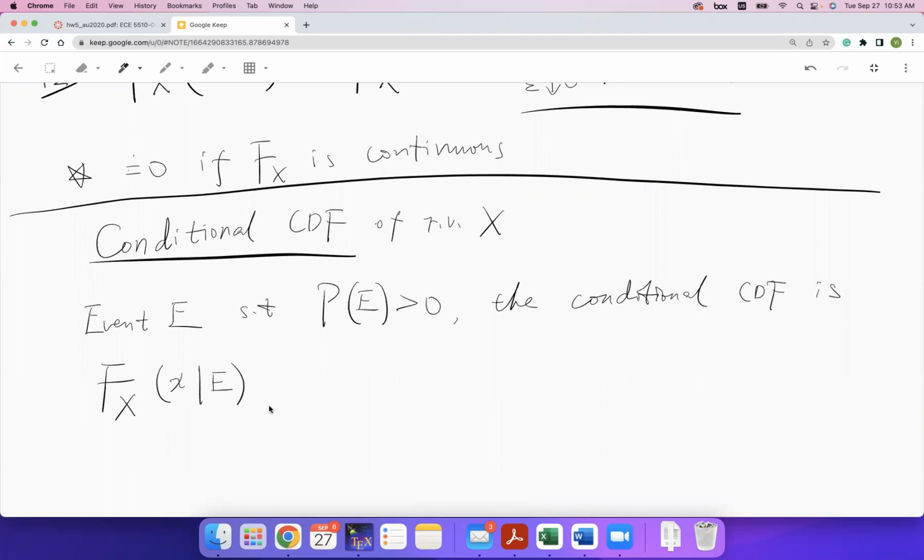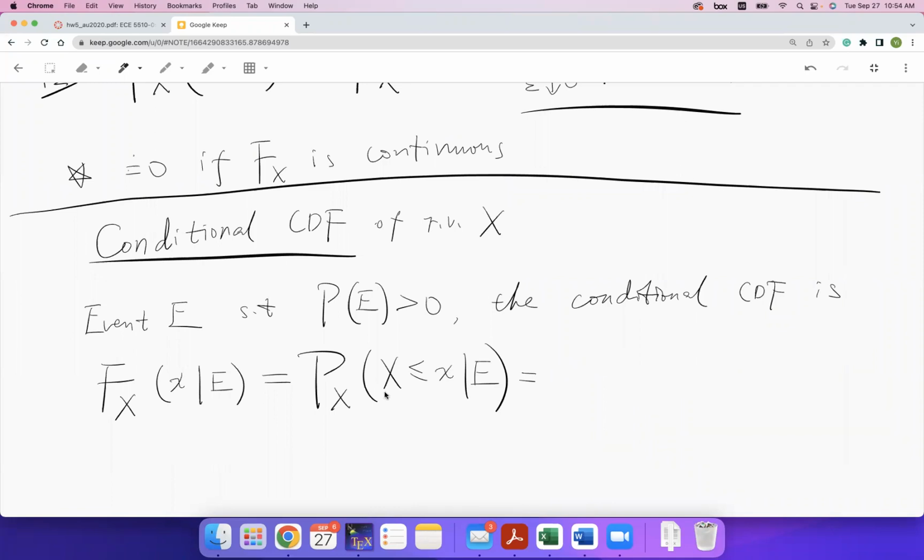Okay. Now this precisely corresponds to the following probability. It's the probability that the random variable is less than or equal to x, given the condition on this event E. And to be more precise, we can translate this event back to the event in the original probability space.